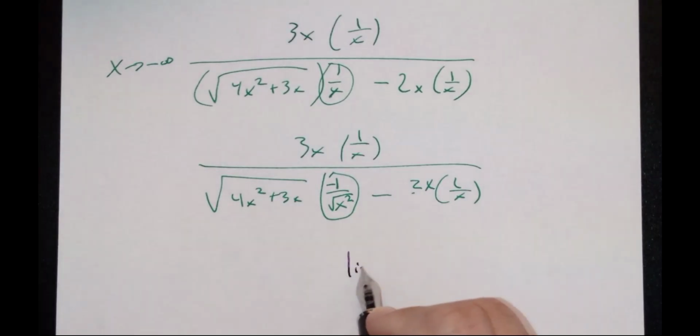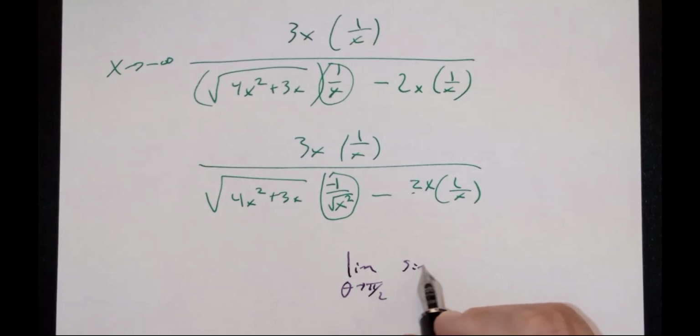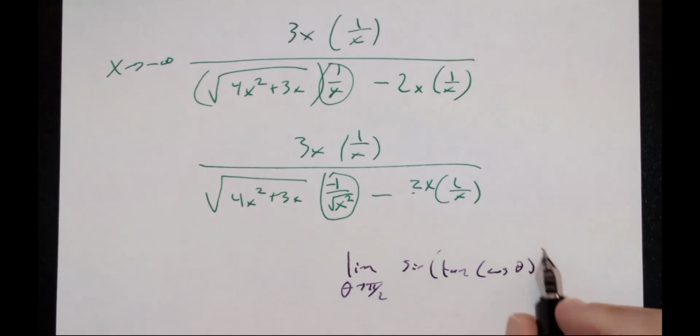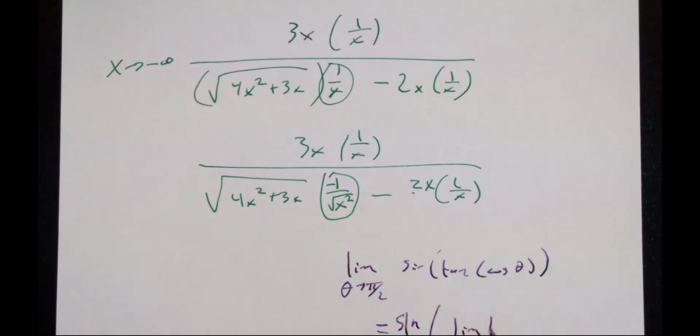The limit as theta goes to pi over 2 of sine of tangent of cosine of theta. I said move it in, so this is sine of the limit of tangent of cosine theta, theta to pi over 2, right?